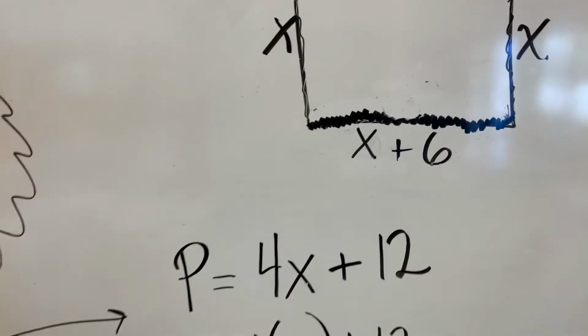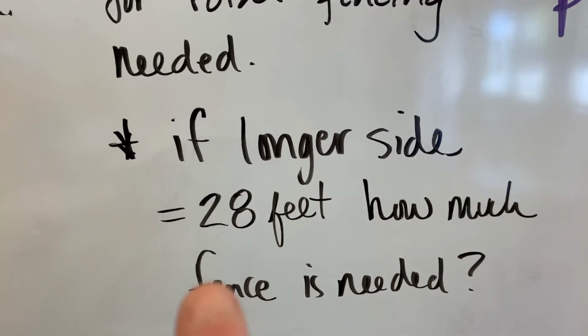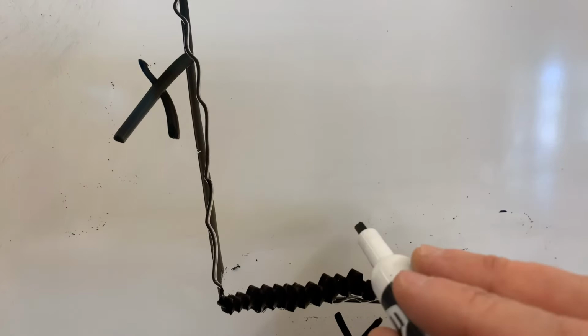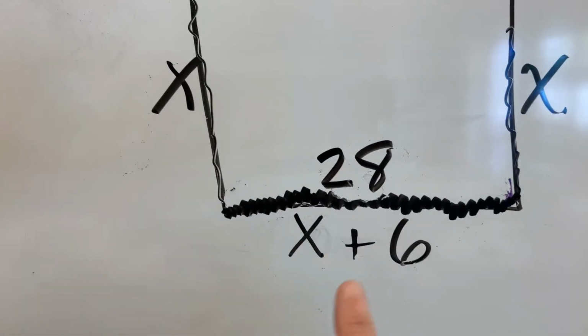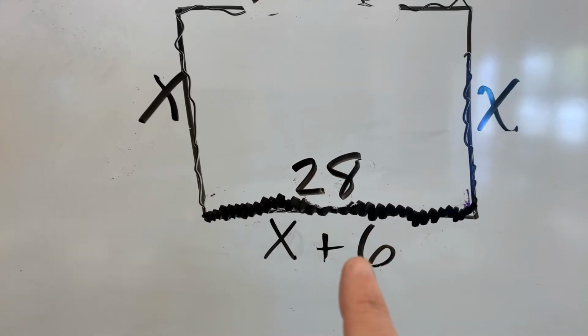Now, later in the problem, they say if the longer side of the rectangle measures 28 feet, how much fence is needed? Well, if this is the longer side, x plus 6 is one way to say that length. 28 is another way to say that length.